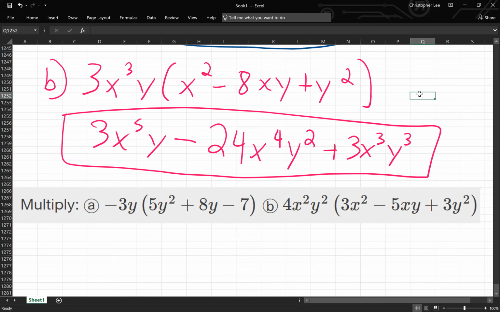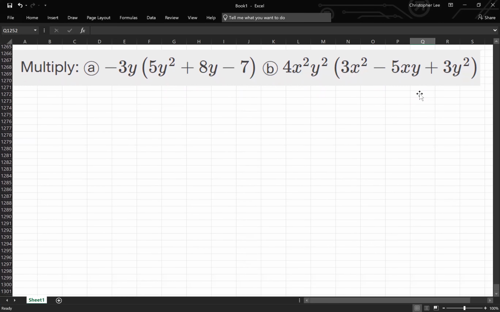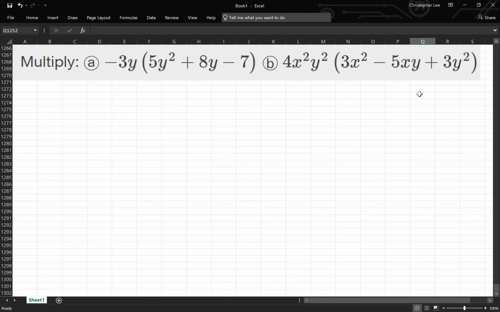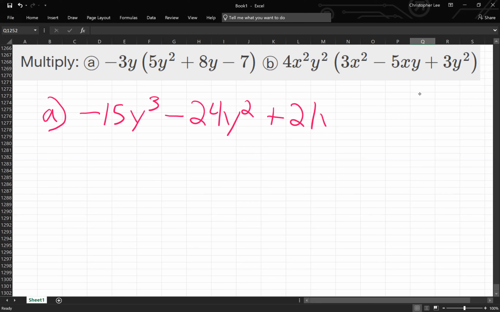All right, let's take a look. So for A, right? What do we have? Negative 15y to the third. What else? Minus y squared, I agree. Plus. Excellent.